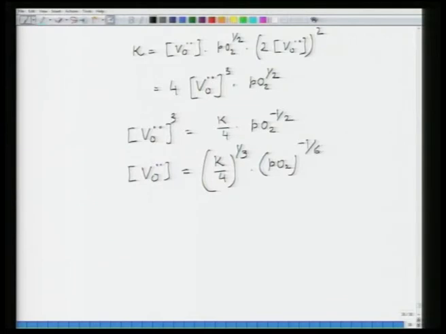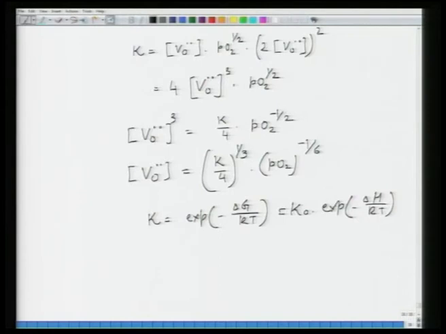So assuming that K is again equal to exponential of minus delta G by KT. So again it is nothing but K naught into exponential of minus delta H by KT. This delta H can be determined experimentally.